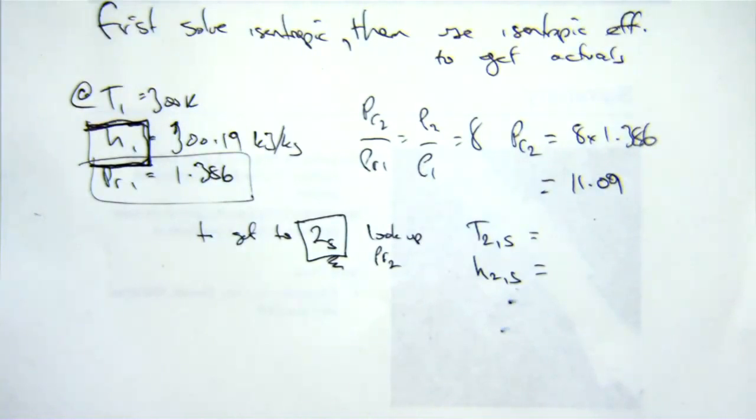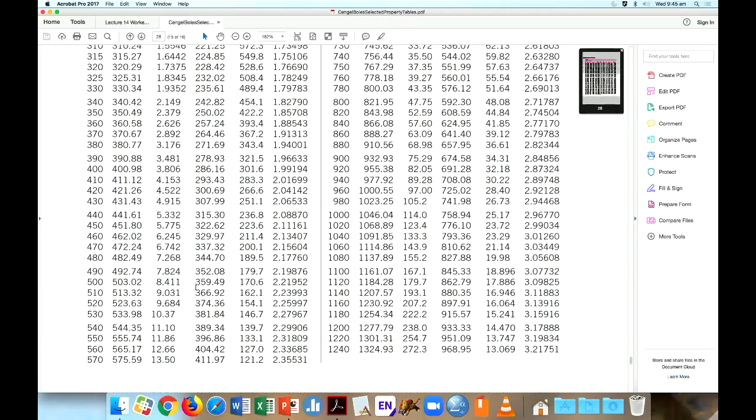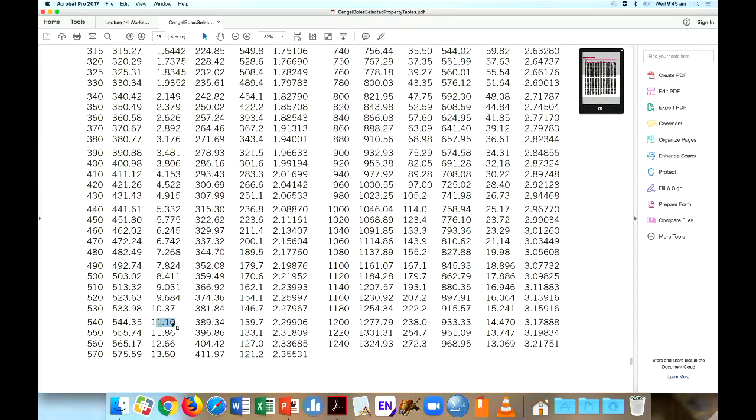This is the last time I'll jump onto the table, because I'll do this again for the turbine, but bear with me. So my number was 11.09. I'm scrolling down, scrolling down. I could do the interpolation, but I'm going to suggest, for the sake of this calculation, that 11.09 is pretty close to 11.10. And so there's my enthalpy, and there's my temperature.